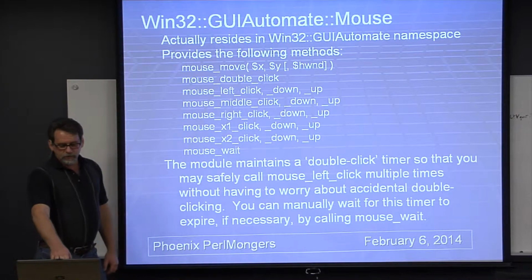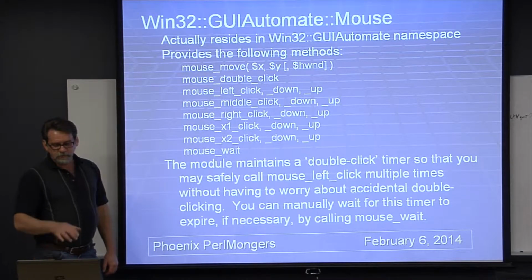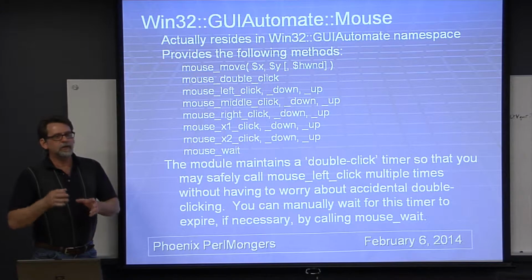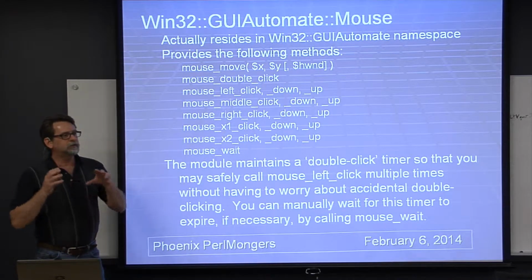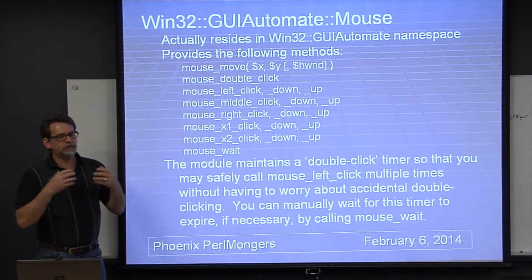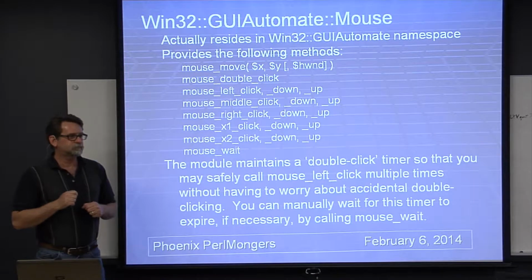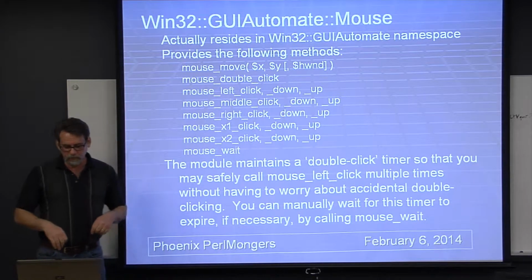Generally, you won't use that itself because the next classes down, the button, ListView, Tree View, provide the handle automatically, so you just say create a new button, and then you say click the button or move the mouse to the button, it just moves to the middle of the button. So it handles that for you automatically.